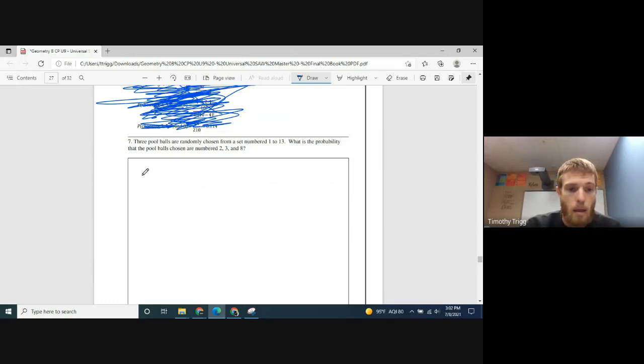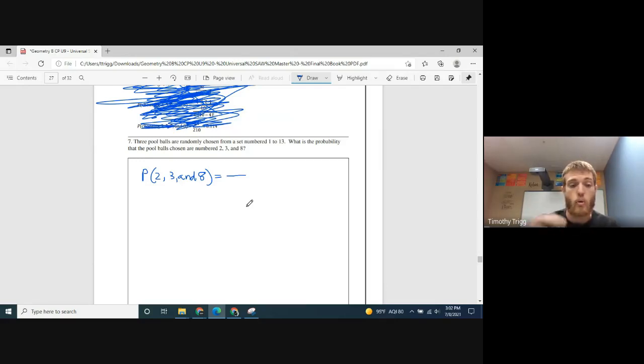So let's figure out the probability of getting 2, 3, and 8. There are 13 pool balls, numbered 1 through 13, and these are the ones I want. Imagine the pool balls are in a hat or a bag, and I'm going to grab one at random.